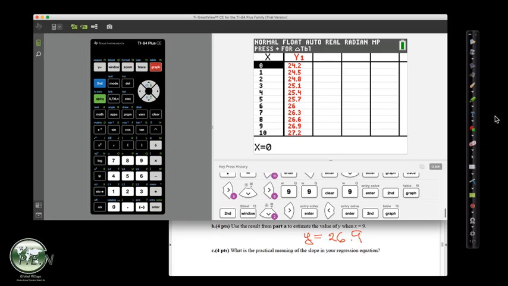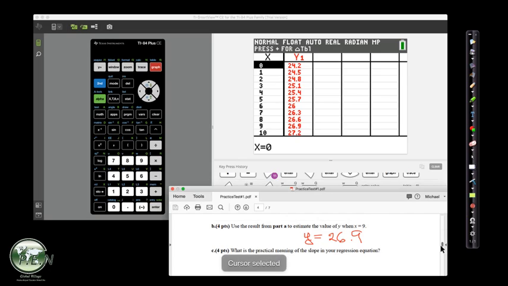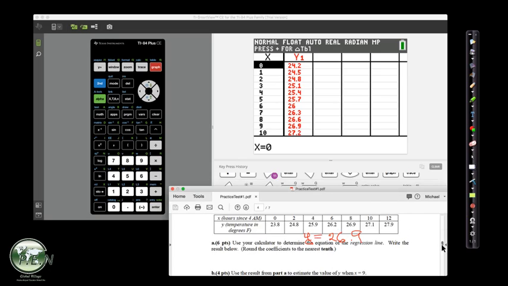Okay, how are you feeling about using the calculator so far? Good. So finally, what is the practical meaning of the slope in your regression equation? Actually, for that one, we're going to have to go back up to the original problem. Practical meaning, remember, slope is y's over x's, so temperature per hour.